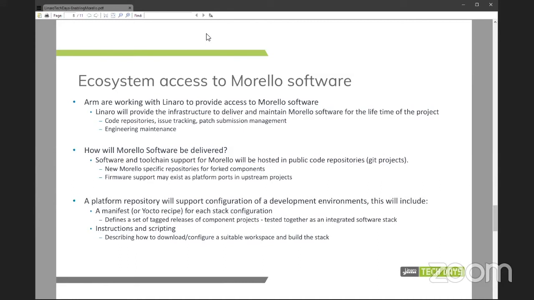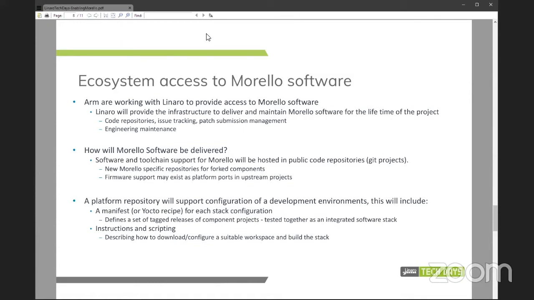So rather than having only ports in individual repos like SCP, trusted firmware, the kernel fork, the idea is that we will also provide a tested platform repository where we bring all these components together and have a tagged integrated release.